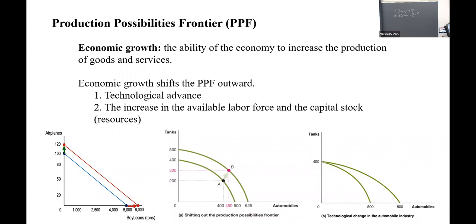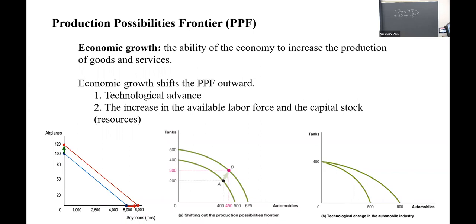Before the computer, our productivity was low, but after the laptop, we can improve our productivity really fast. Lots of things we do not need to remember, we just let the computer remember them for you. The second one is the increase in the available labor force and the capital stock. It's also easy to understand.